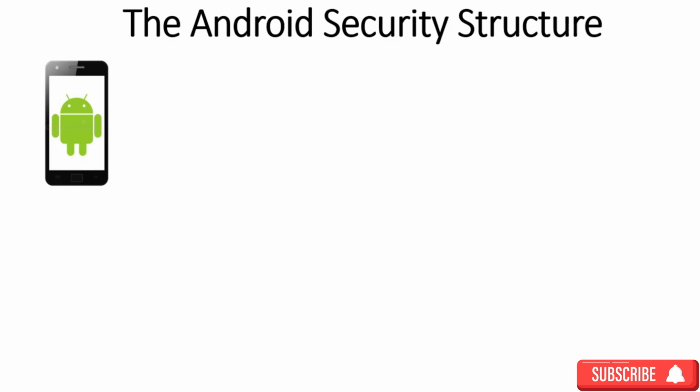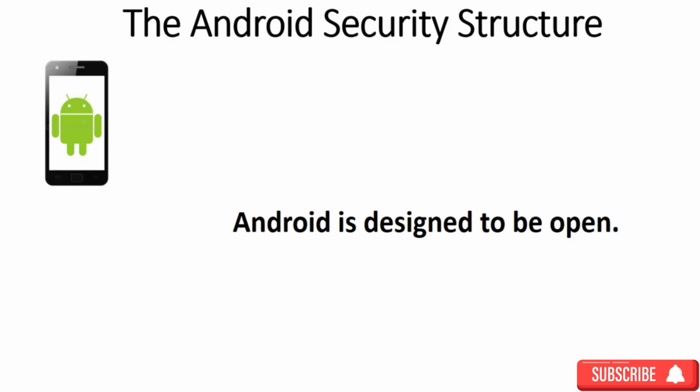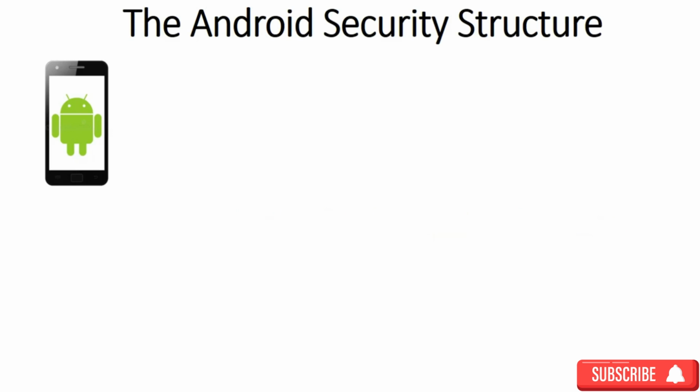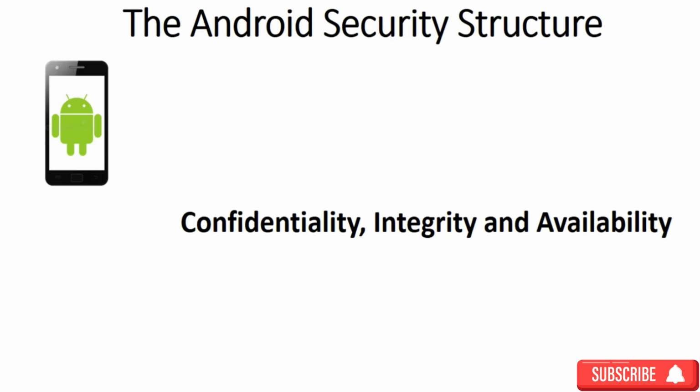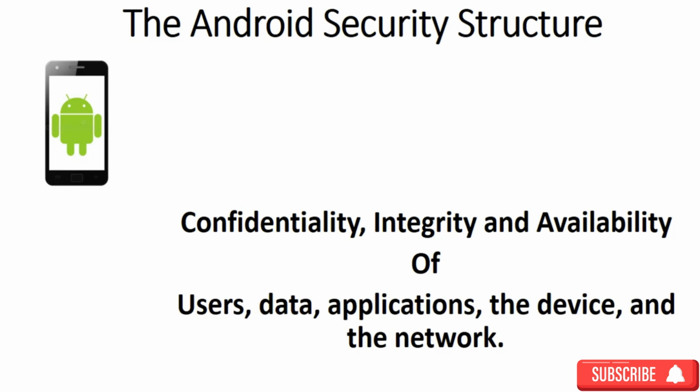Now the beauty is that Android is designed to be open, and one of the challenges is that it is a little less controlled when compared to alternatives like Apple iOS. Now Google tries to maintain the Android platform to offer an application environment to help protect the confidentiality, integrity and availability of users, and also of the data, the applications and the device itself.